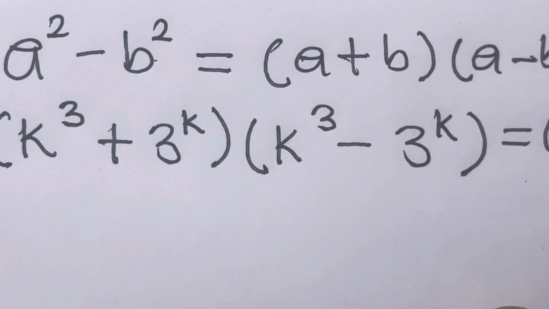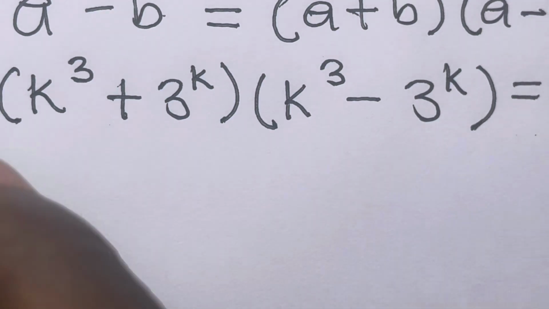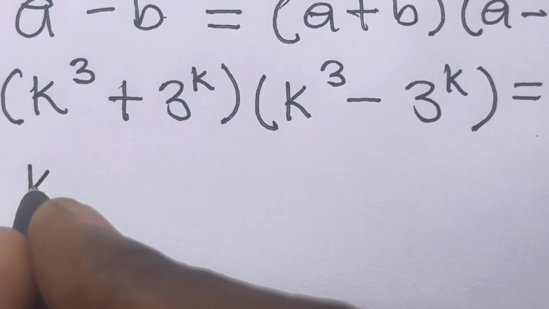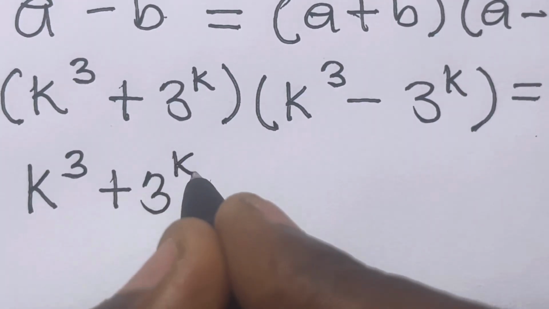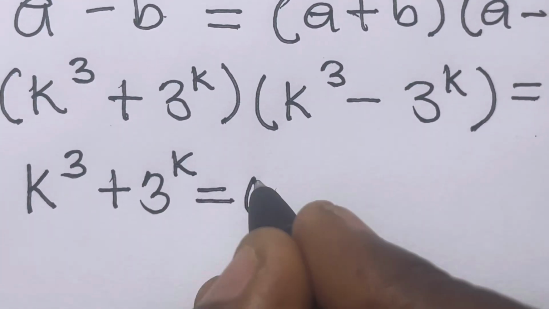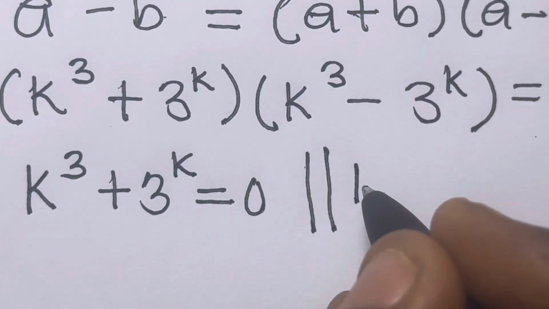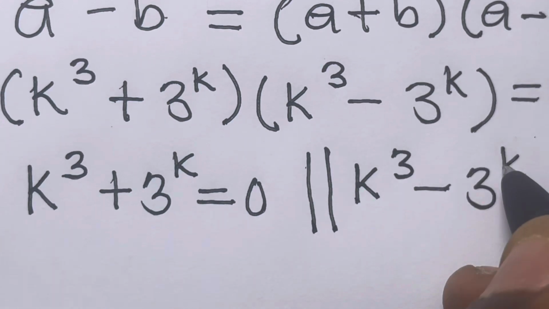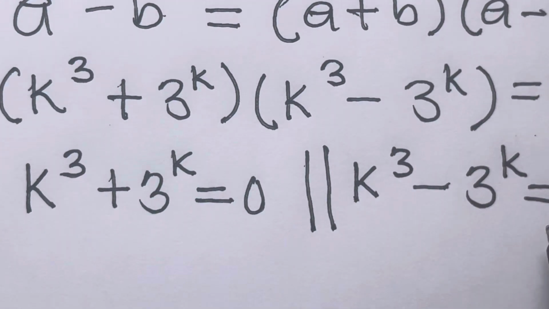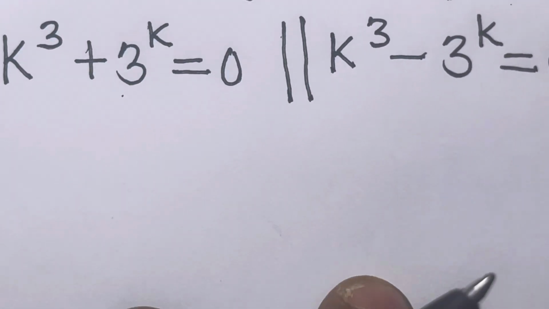What this means is this equals 0 or this equals 0. So we have k raised to power 3 plus 3 raised to power k equals 0, that's our case 1, or we have k raised to power 3 minus 3 raised to power k equals 0. Let's consider this as case 1 and this as our second case.